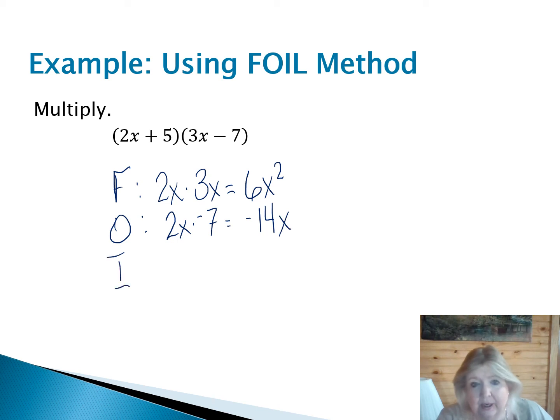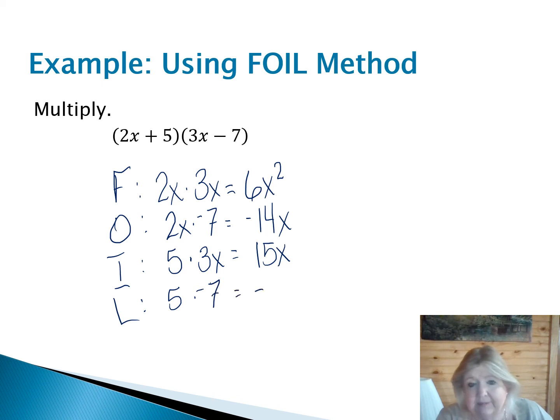Inner is going to be the second and the first, that's 5, and the first and the second, that's 3x. And 5 times 3x is 15x. Then last, 5 times negative 7 is negative 35.